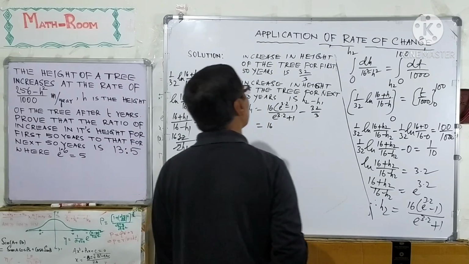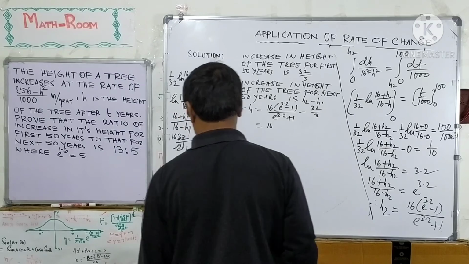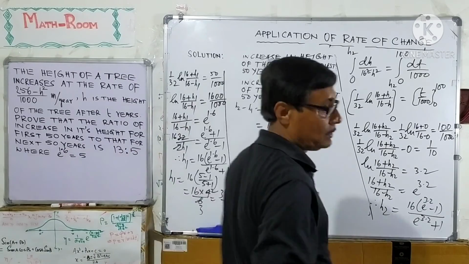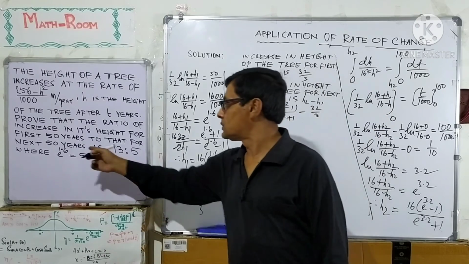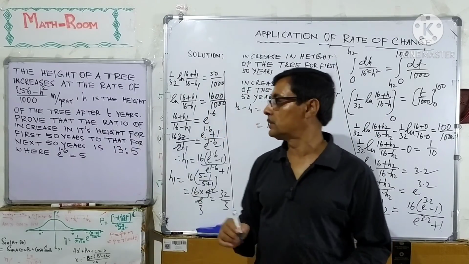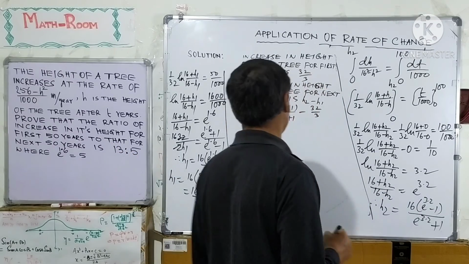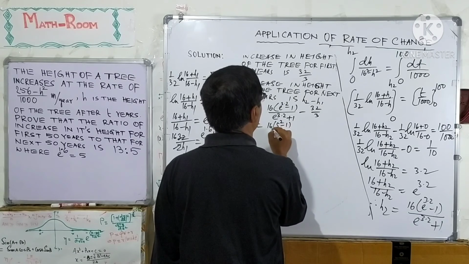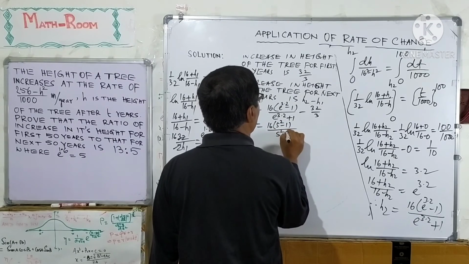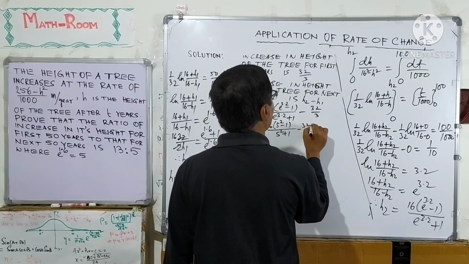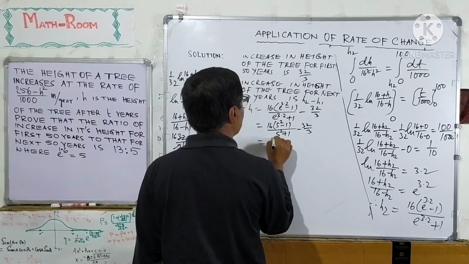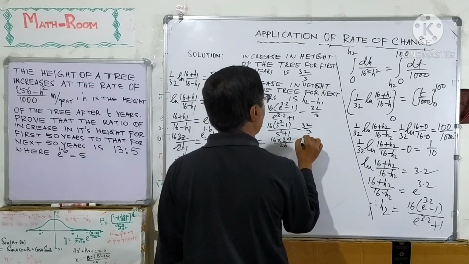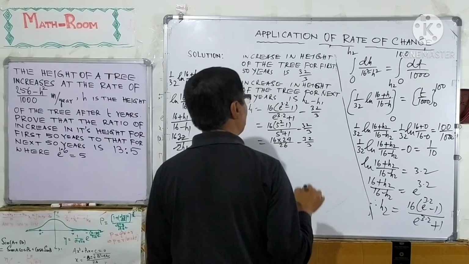Here e to the power 3.2 means e to the power 1.6 squared, that is 5 squared, so 5 squared minus 1 over 5 squared plus 1 minus 32 over 3, that is 16 into 24 over 26 minus 32 over 3.